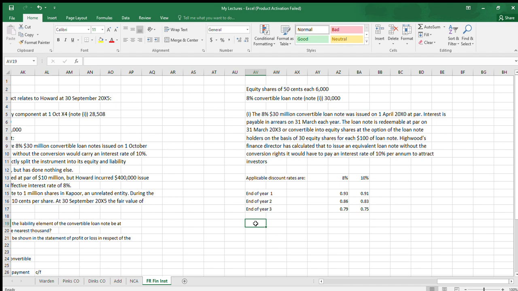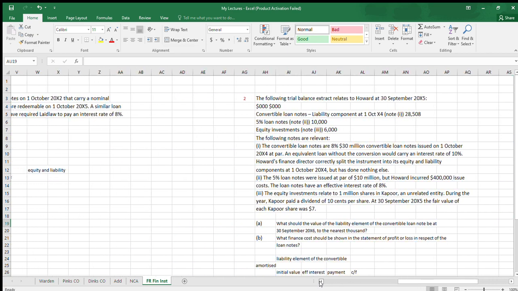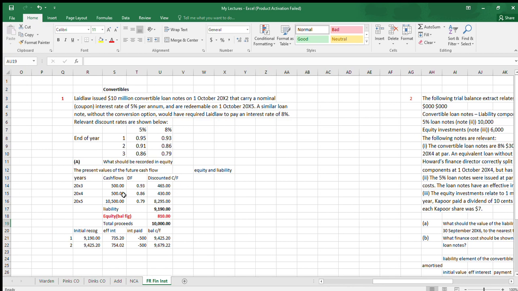This is a compound financial instrument having a debt and an equity component, and this must be quantified. Are you getting me? The moment you see convertible, meaning there's equity and liability, so you have to split them using split accounting. As I said earlier on, I have done this once in our previous example.